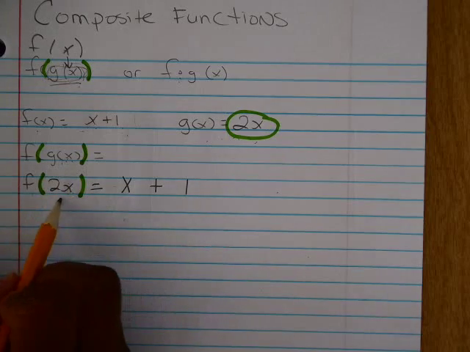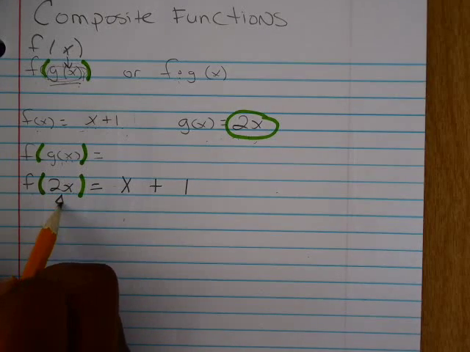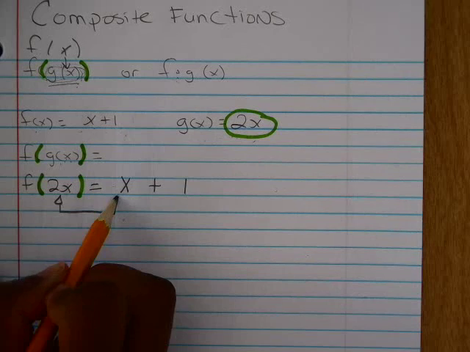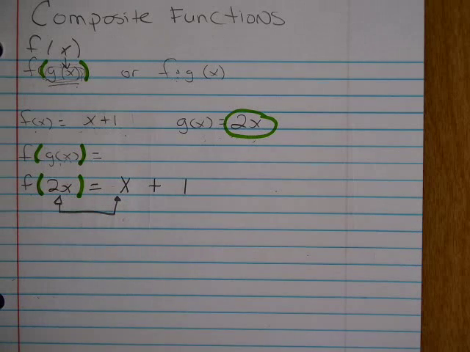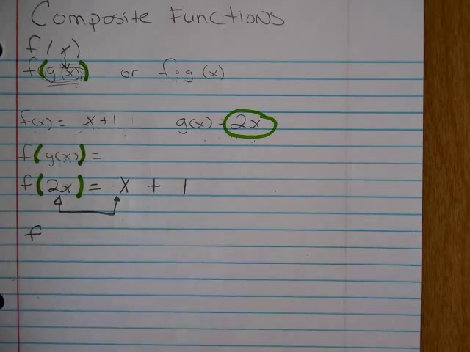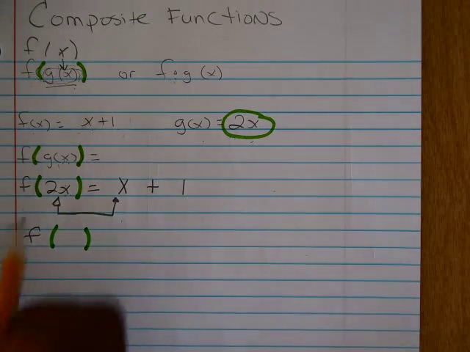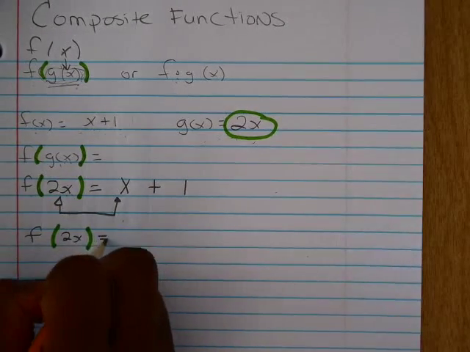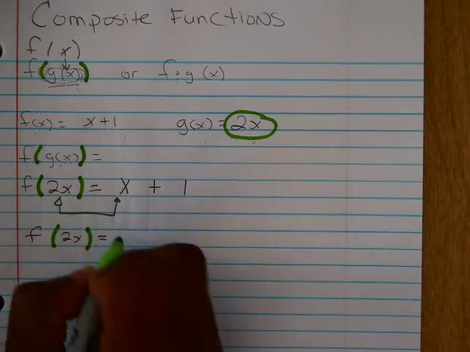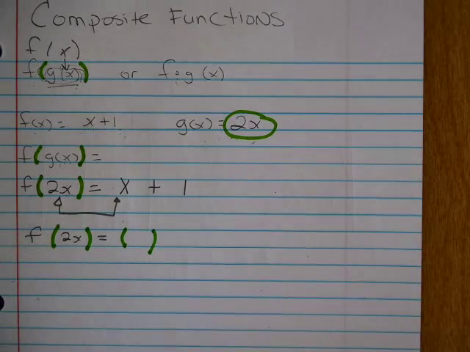The input is 2x. That's exactly what we will substitute in for x. So we're going to rewrite this again. And again, everywhere I see x, I'm going to put 2x. That is the input.